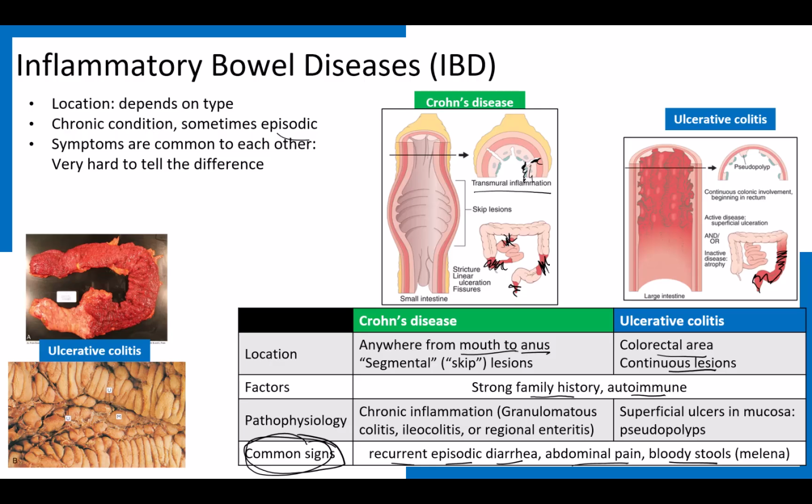Ulcerative colitis, on the other hand, is superficial, just in the mucosa. And what you can end up with is the pseudo polyps, right? So it just affects the most superficial layer, the mucosal layer, and you end up with these pseudo polyps.